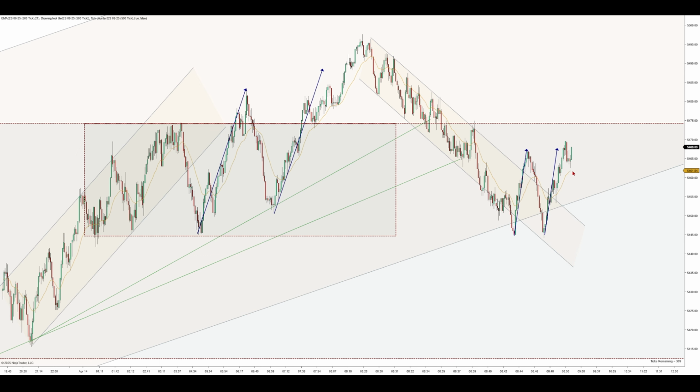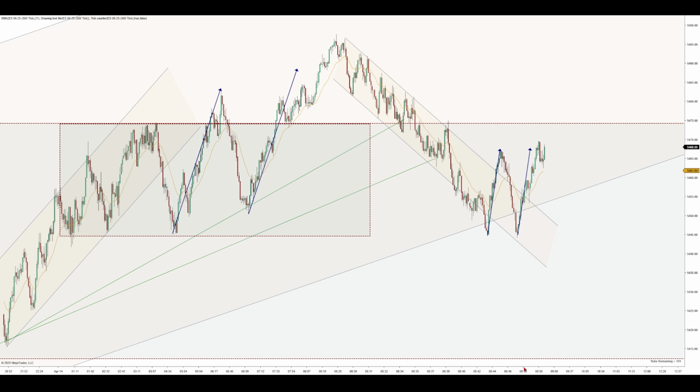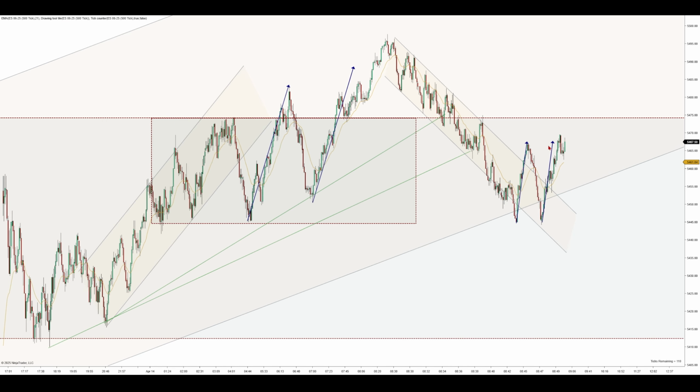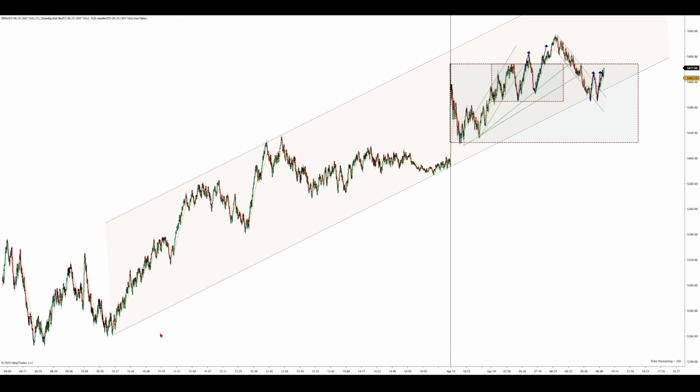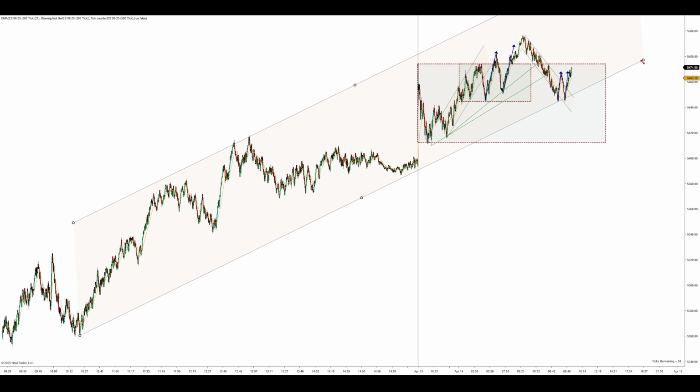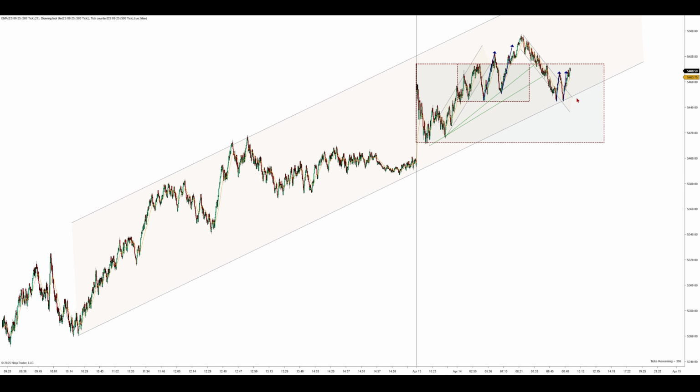If we push lower here, what I'd like to see, I don't mind either direction. If we push up or down, I don't care. But say we do push down, what I'd like to see from there is a break of the trend here. Whenever you get these slight pierces through, like, we're in this uptrend, we push out here, push right back in, it's very likely to be like that. You see what I mean?